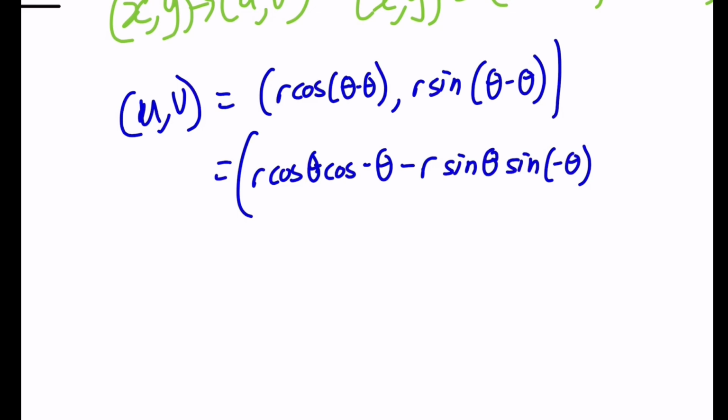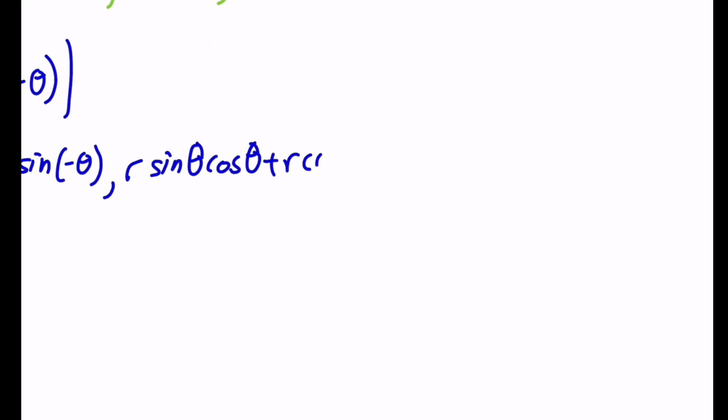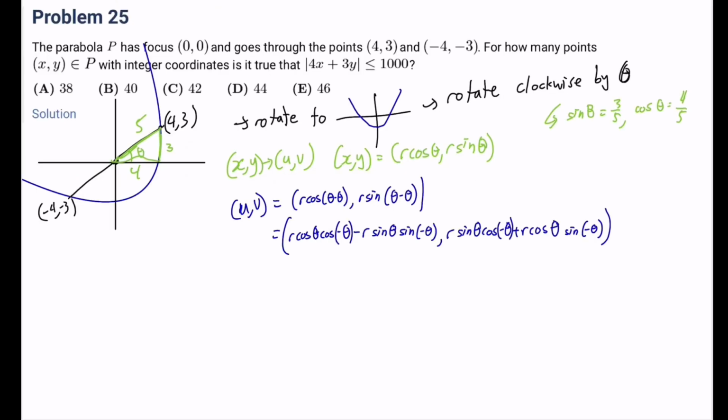Then, to separate the second one, it's going to be r sine theta cosine minus theta, plus r cosine theta sine minus theta. So those are all of the coordinates.